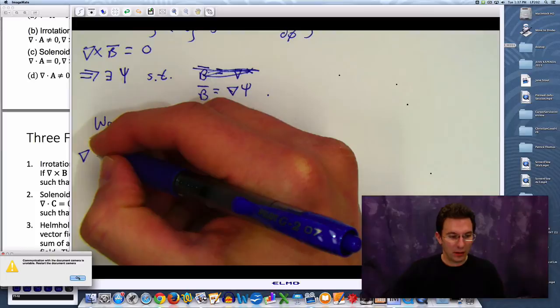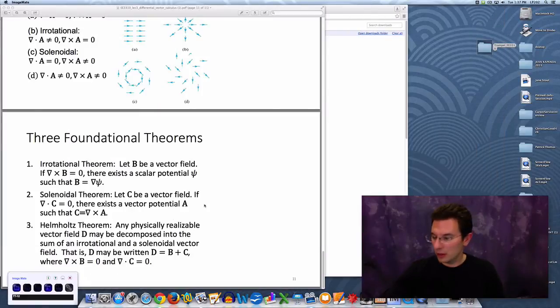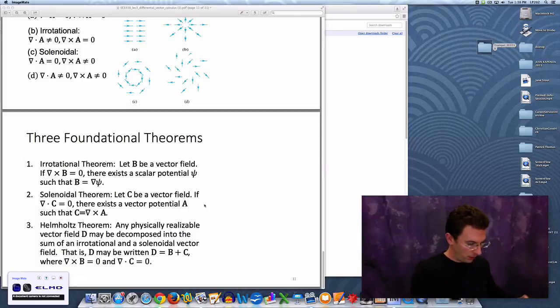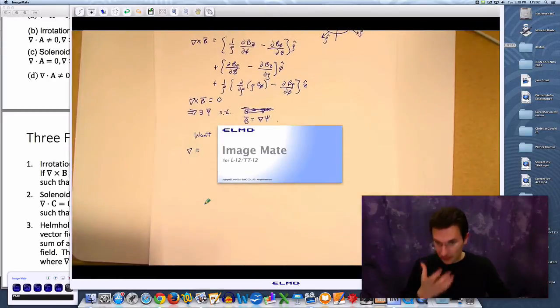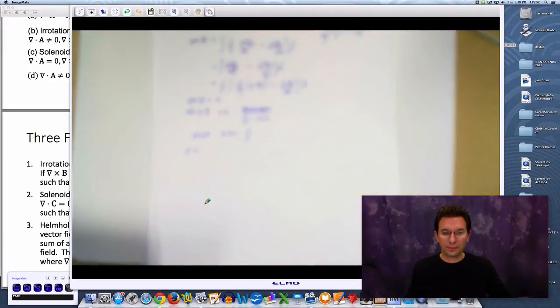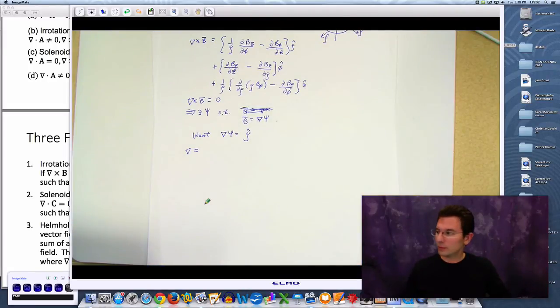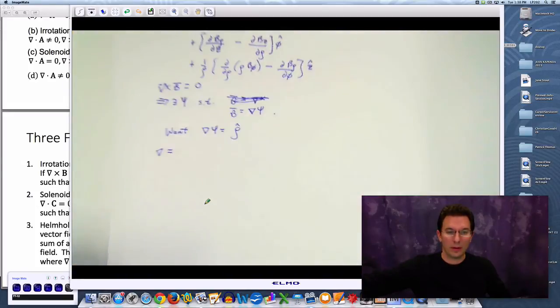Just a second here to restart my camera. While I'm doing that, I will find the definition for the gradient in cylindrical coordinates. As soon as this fires back up, I'll show you from the textbook what the definition is. Okay, great. Zoom in a little bit here.